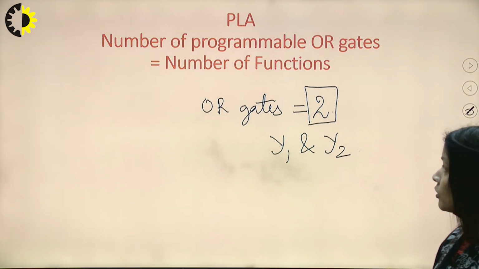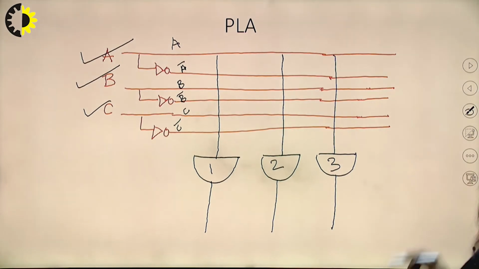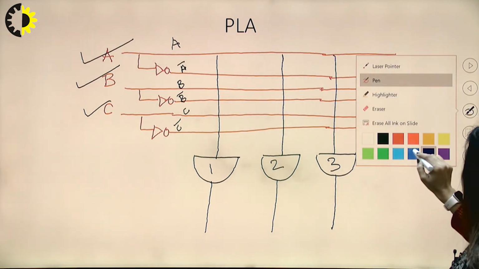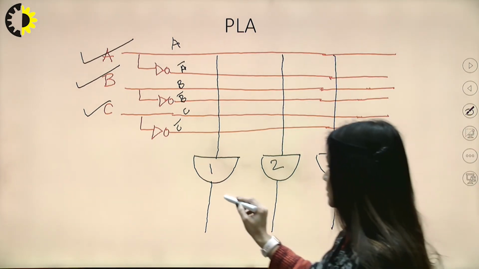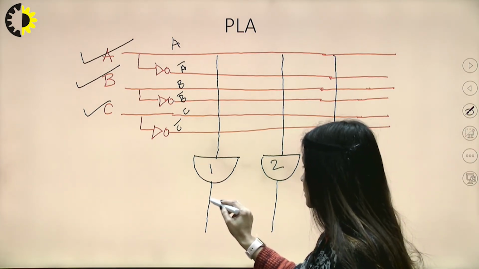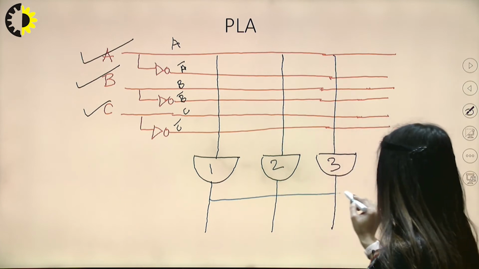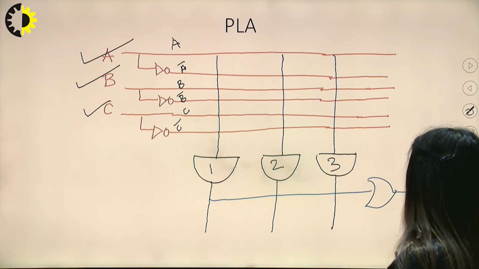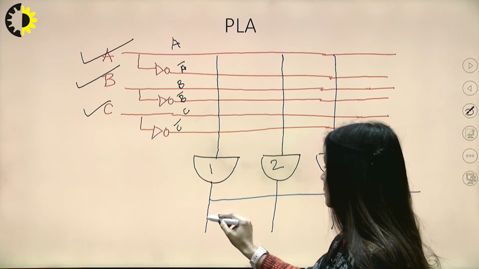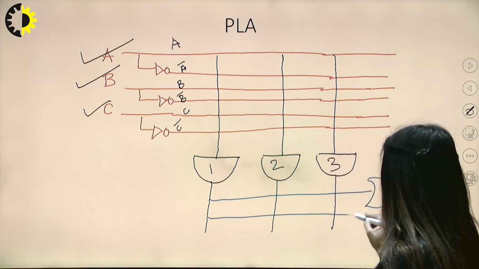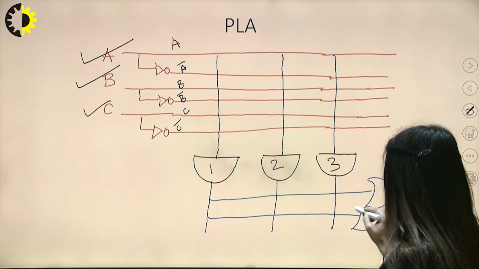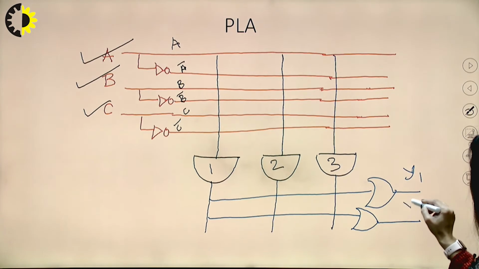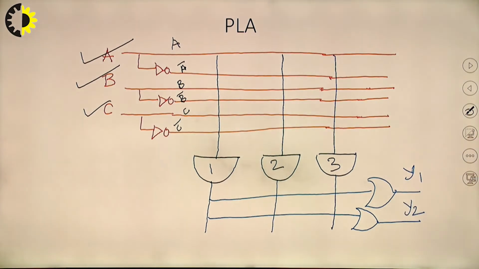So here in this particular circuit, we will make our OR gates, one is y1 and another one is y2.